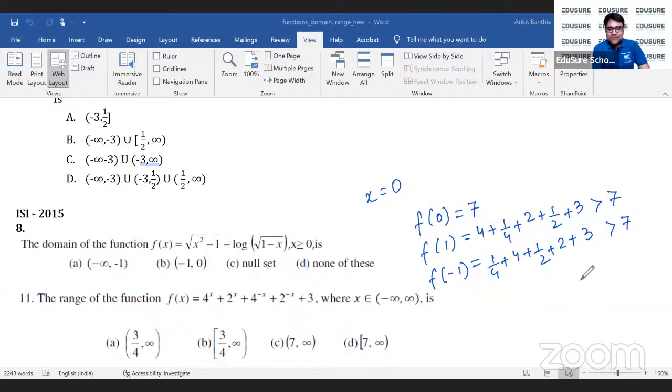So there will be range problems where putting in values will also ultimately help you: putting in values and then seeing the pattern. The pattern is, if I deviate from x equal to 0, I'll always get a value which is greater than 7. So the lowest value for the function f(x) is when x is equal to 0, and the value is 7.